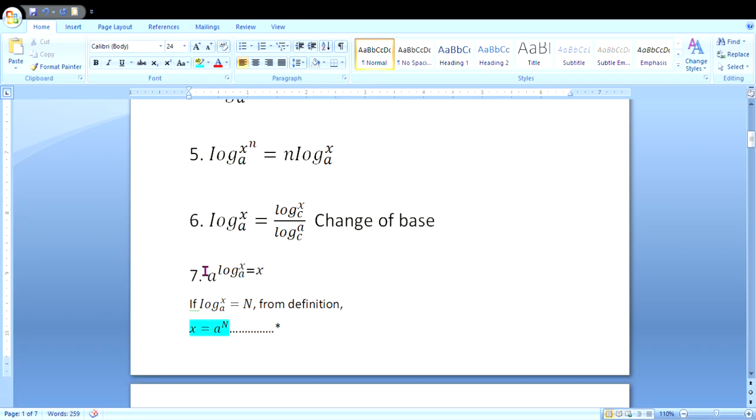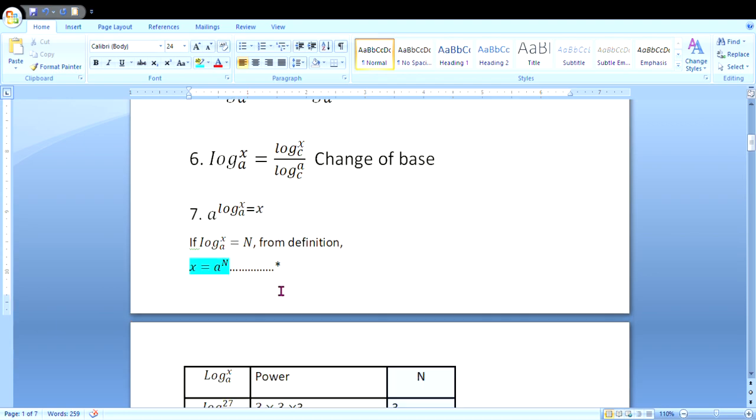Then finally, number 7: if you have a logarithm where the power and the base of the logarithm are the same, the result of that logarithm is exactly the number you are to find. That is the number to be determined.